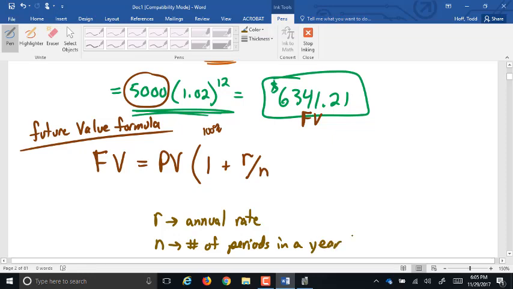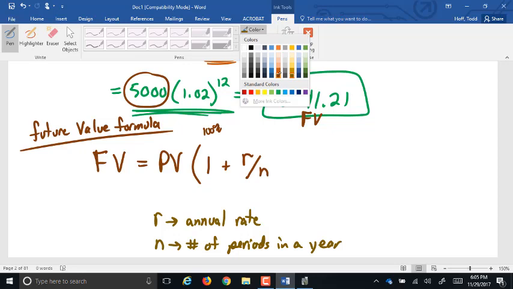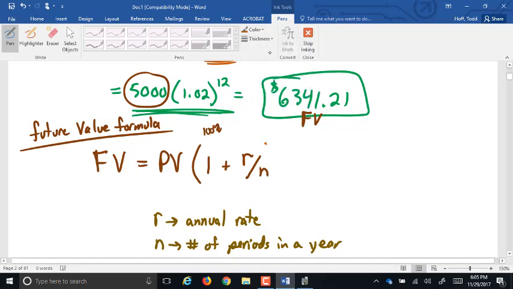Compounded monthly, it would be 12 months in a year. Compounded semi-annually, 2, because there are 2 periods in a year semi-annually. To the power of n times t. What this thing is here is the number of periods, total number of periods.